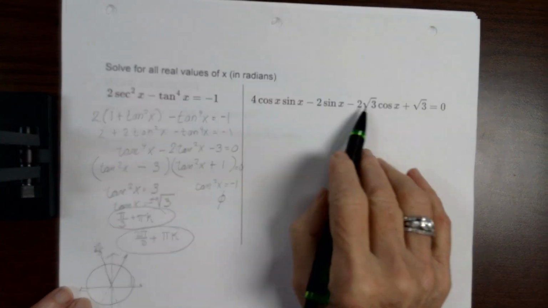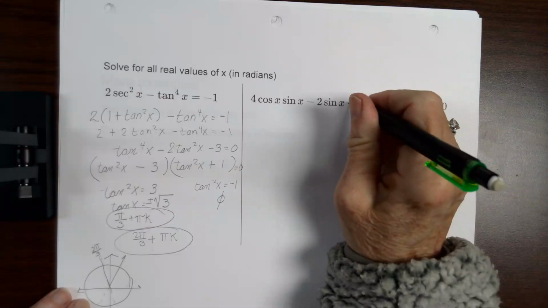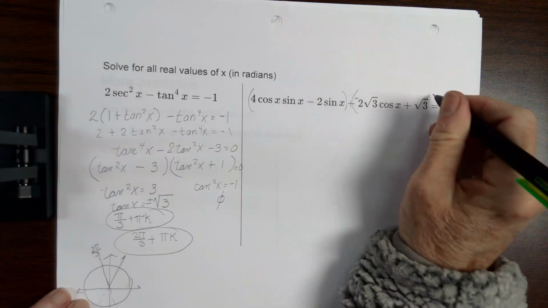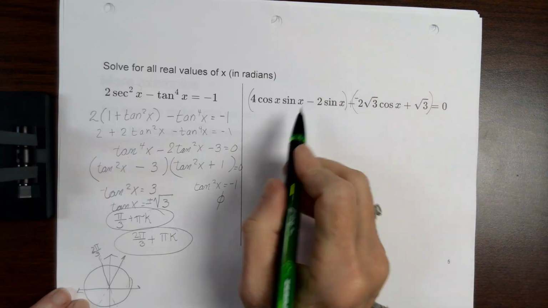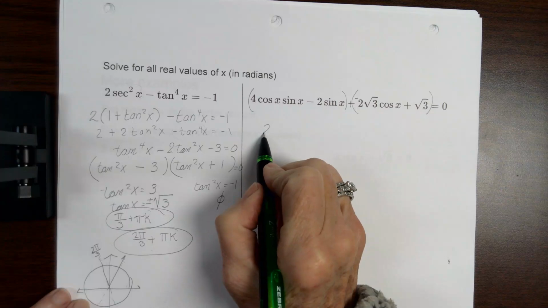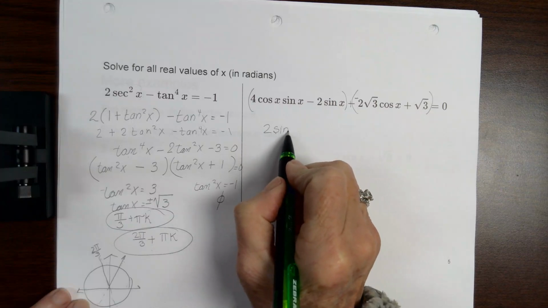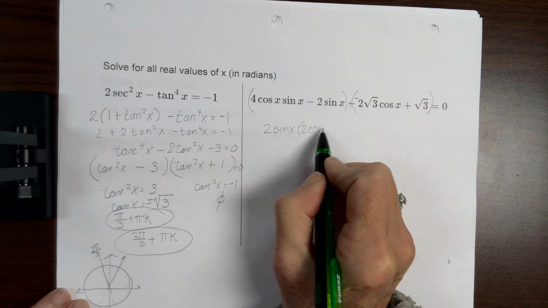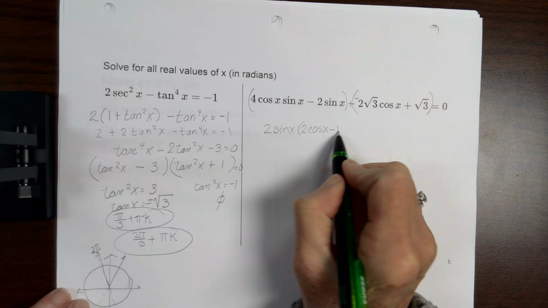You have 4 terms, so you're actually going to do grouping, if you remember that. So I look to see what I can factor out here. I can factor out a 2 sine of x, which is going to give me 2 times the cosine of x minus 1.